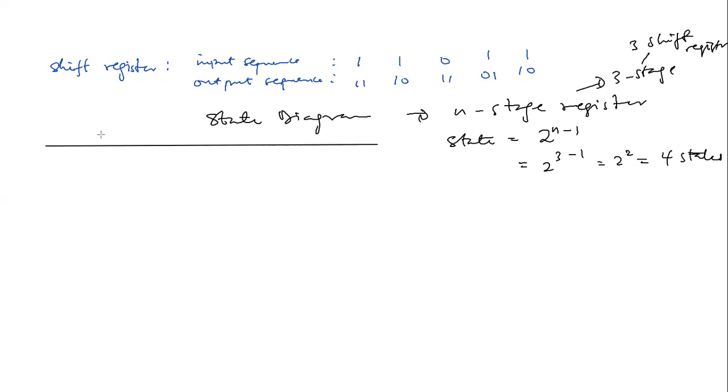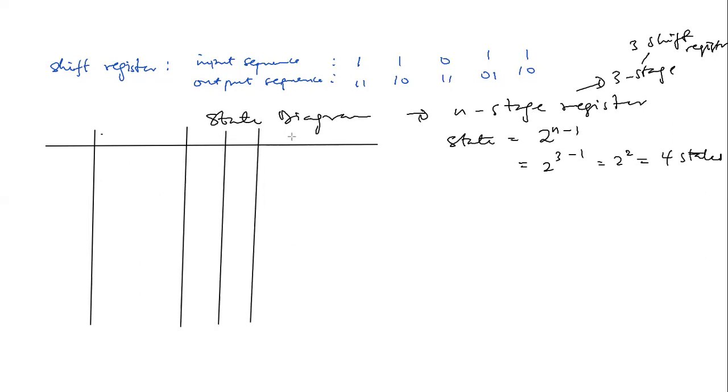Here we have the state, the transition, shift register 1, shift register 2, shift register 3.